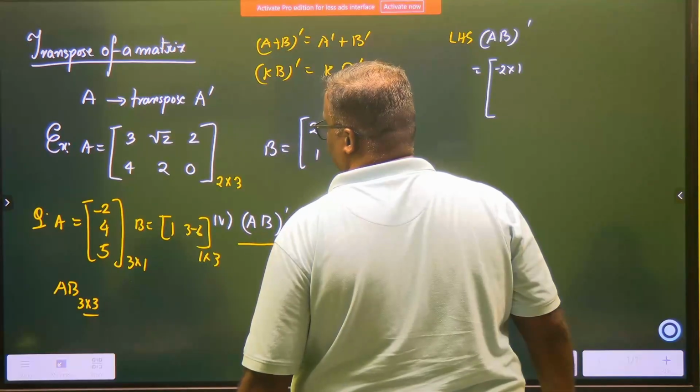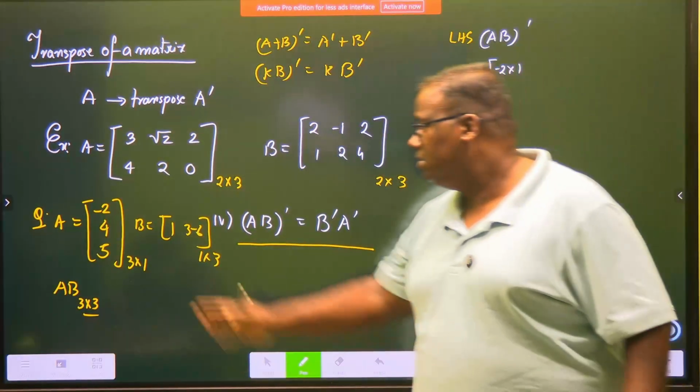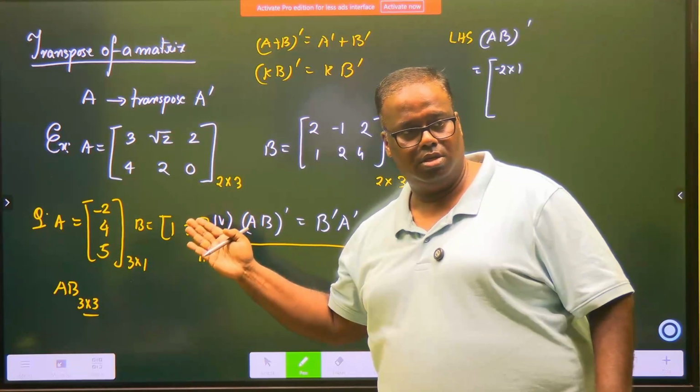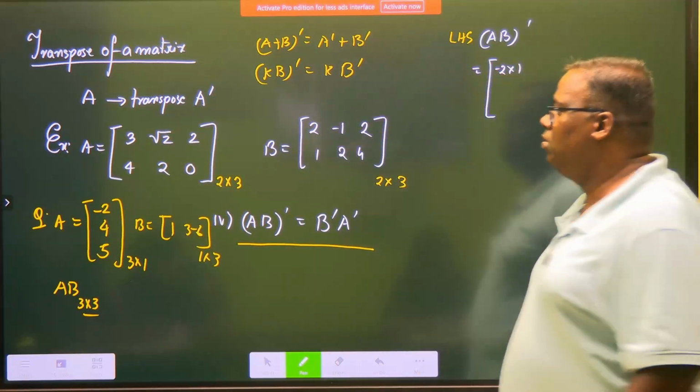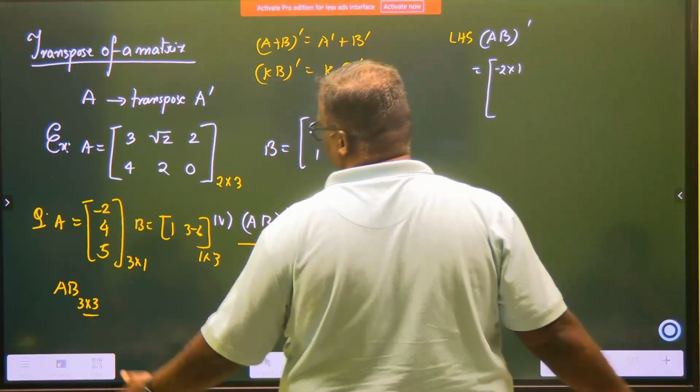After you do negative 2 into 1, do you have any other number? How do you multiply? Rows with the column. So what is the row out here? Negative 2. What is the column out here? 1. So we can't do anything more than that.